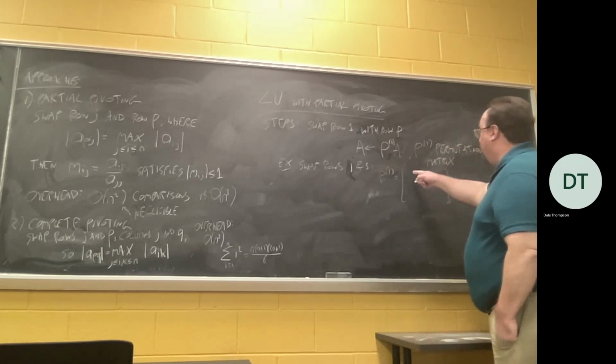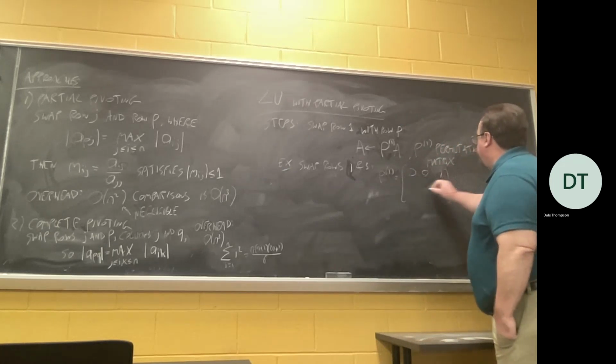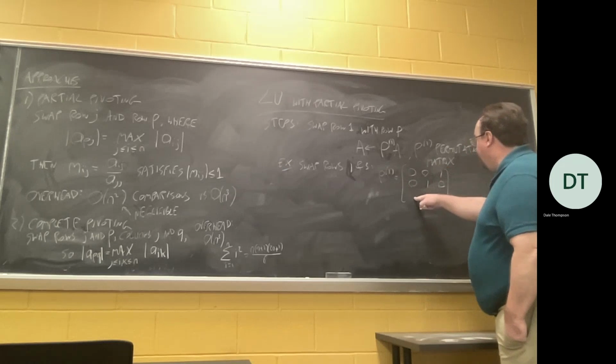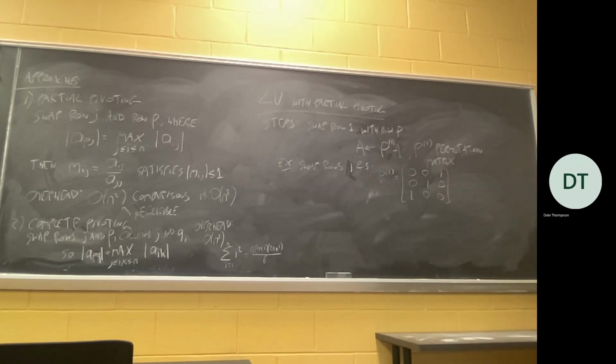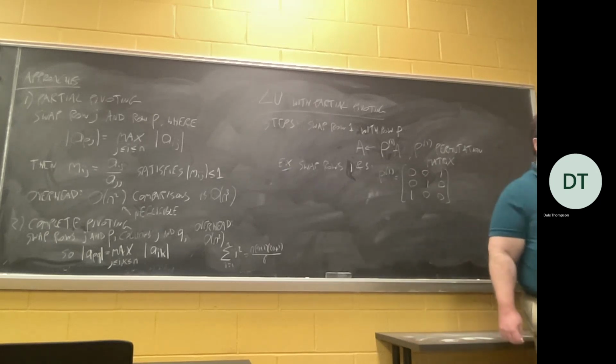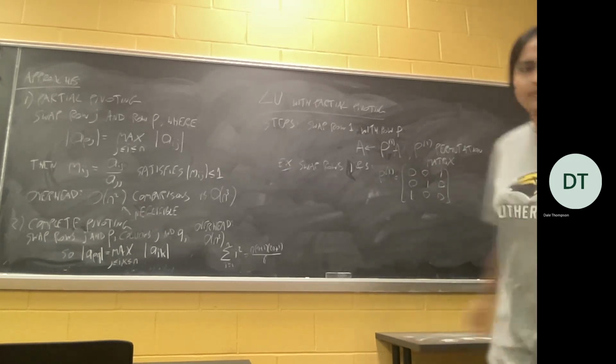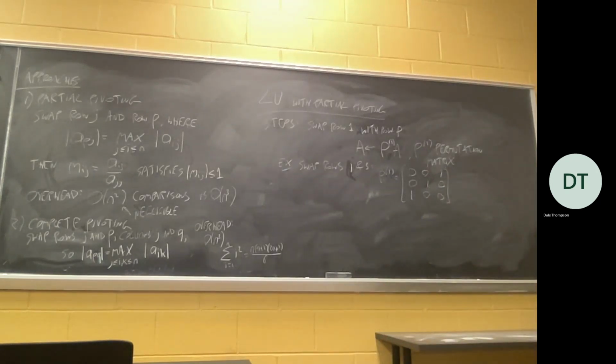The first row would be the third row of the identity, the second row stays the same, and the third row of the permutation matrix is the first row of the identity. So a permutation matrix has all entries equal to 0, except, if it's n by n, there are n entries equal to 1 that are arranged according to how you want to rearrange rows. If you multiply on the left, it swaps rows. If you multiply by a permutation matrix on the right, it will swap columns.